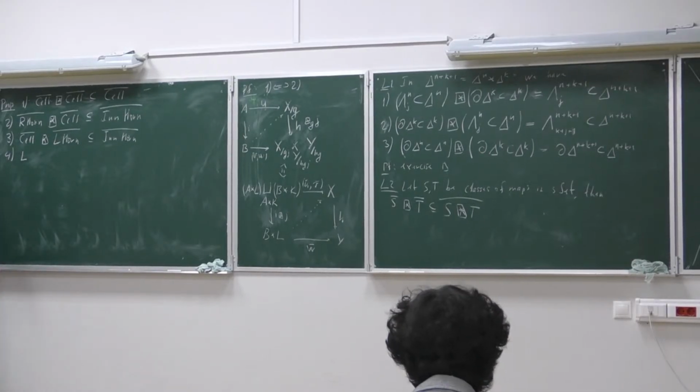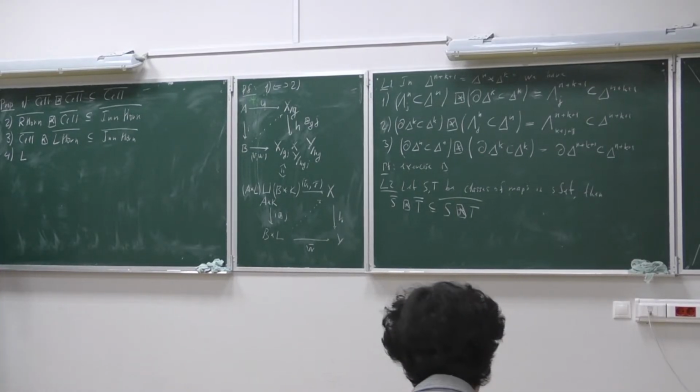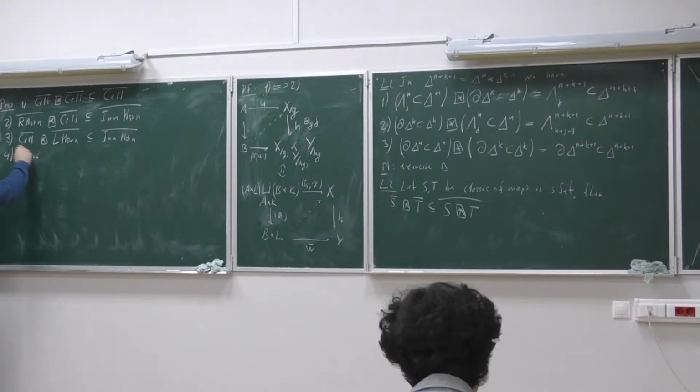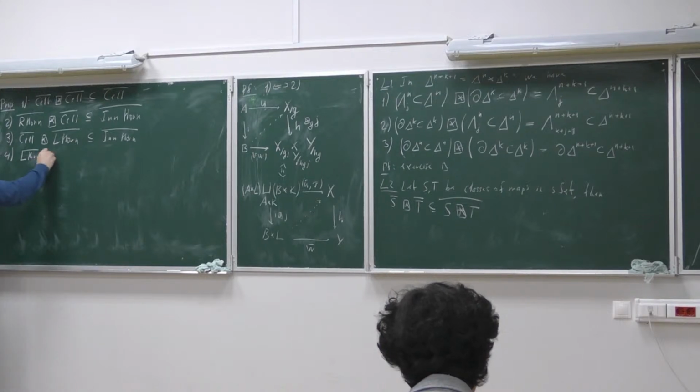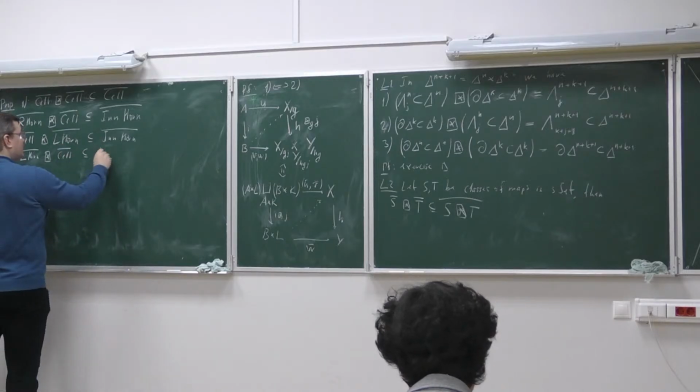So in statement 4, actually, I think this is what you want. I can take the left horns, take a box join with this cell, and this is again contained in the left horns, right? This is what we discussed.